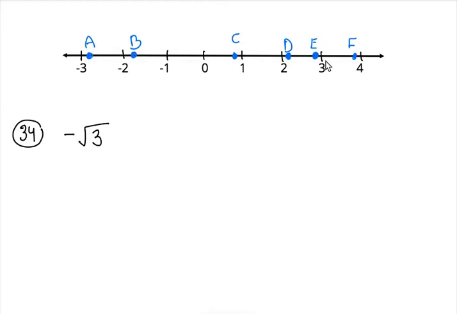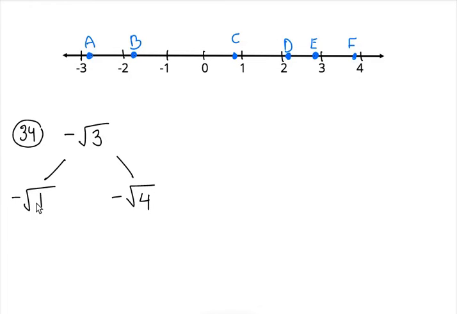In order to do this, I have to figure out which integers negative square root of 3 is in between. So we're actually going to use the method that we did in the last little section. So I need to figure out which two perfect squares 3 is in between. 3 is in between 1 and 4 if I look at perfect squares, right?